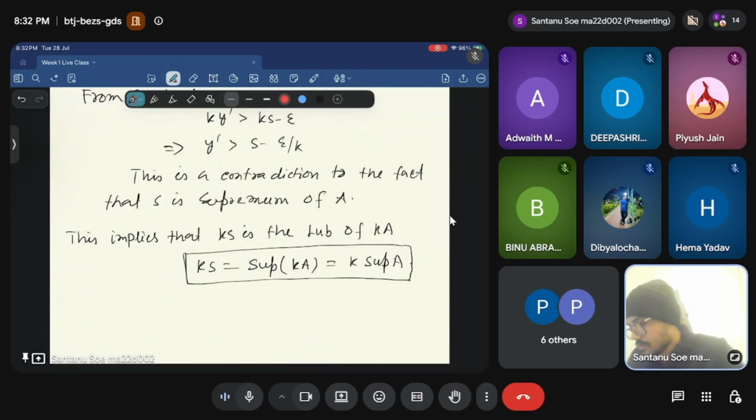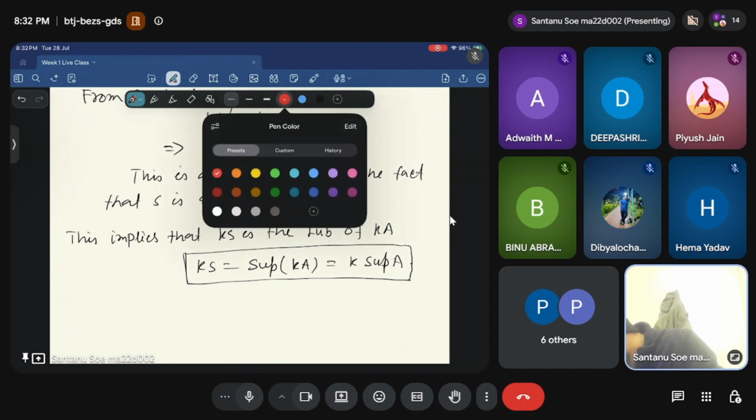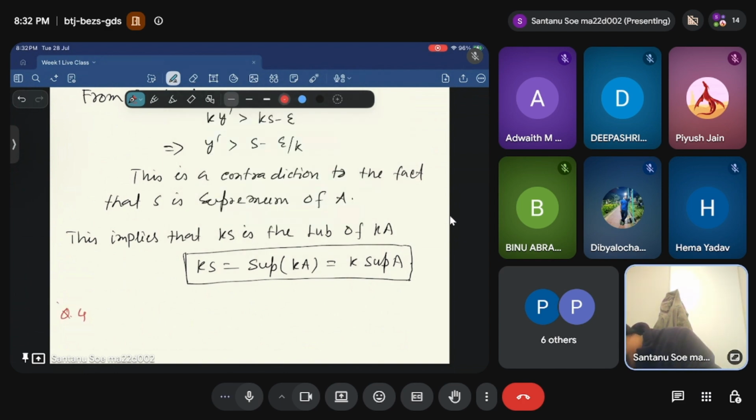Okay, so let us write the next question. For n in N, let F_n equal the set of x in R such that minus 1 by n is less than x is less than n.